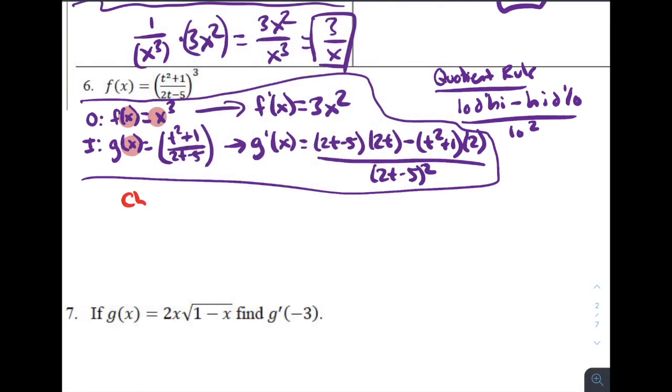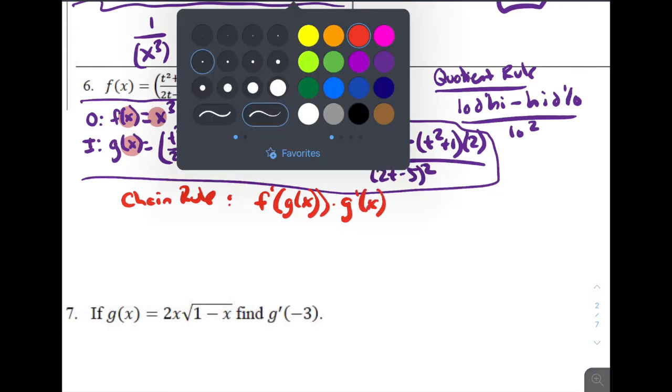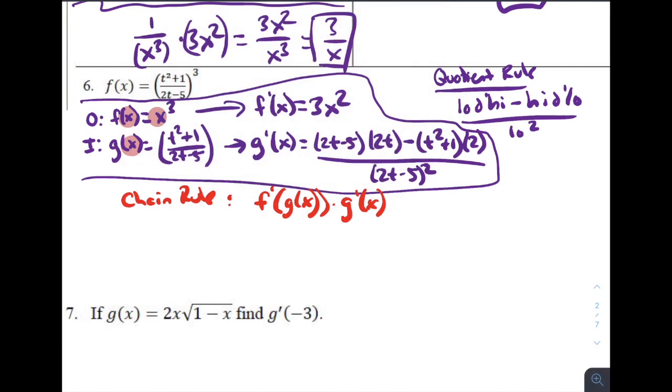Again, our chain rule here says that we do f prime of g of x times g prime of x. So f prime of g of x is going to be 3 times t squared plus 1 divided by 2t minus 5, all squared. So that, again, is our f prime of g of x right here. We substituted g of x in for that f prime, where the x was.